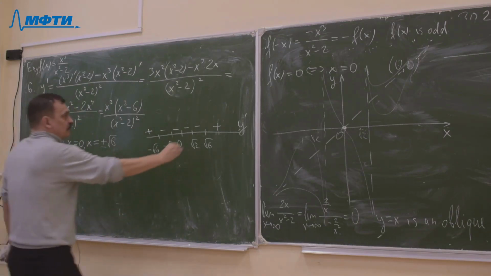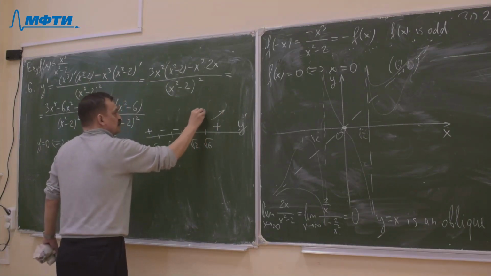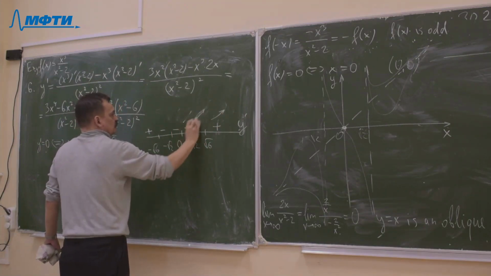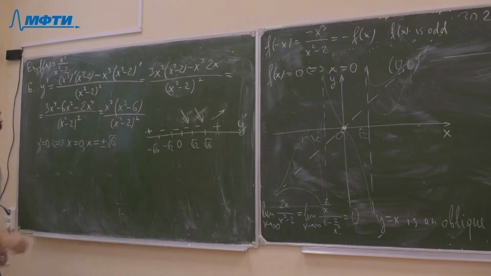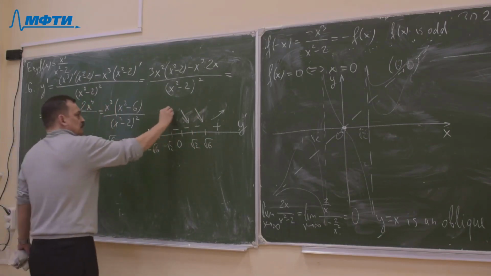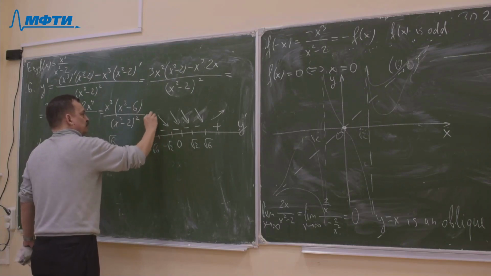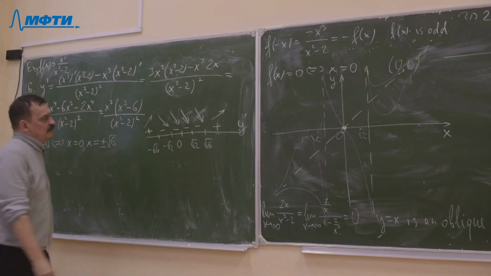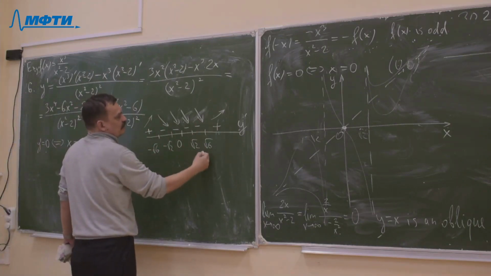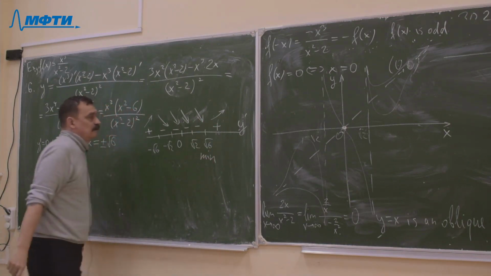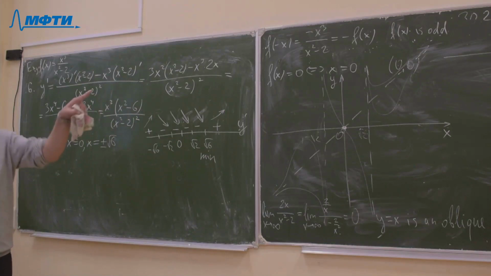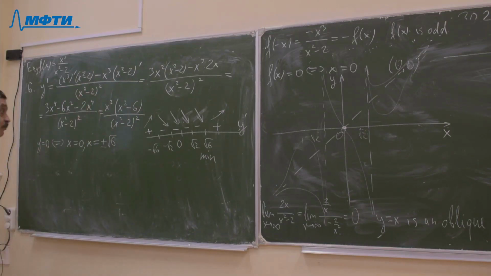So the direction of monotonicity is like that, right? Okay, maybe that one as well. And you see that here we have a minimum, and also we need to find the extremum points completely.